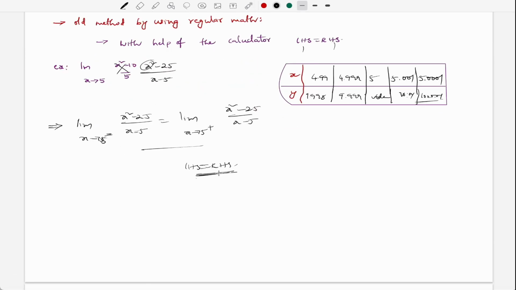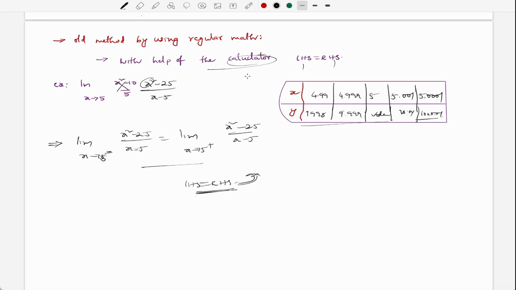If you don't understand, please review the previous lectures where I talked about this table and this regular math problem in great detail, so that you can have a better idea of how we plug in these values, like 4.9 and 4.99, and so on, approaching from the LHS and RHS. It will be easy for you to understand.